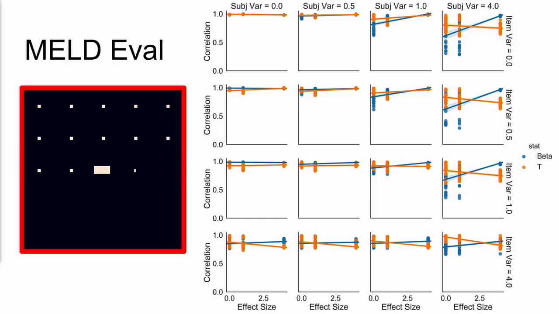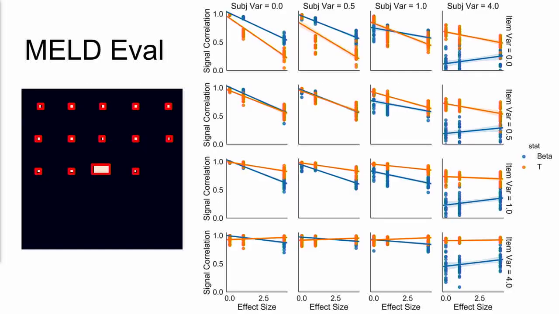Because we're using correlation across subjects or correlation within subjects to project into a shared space, if there's a whole lot of variance across subjects, that projection falls apart a little bit. So it falls off in performance at these really, really high levels of subject variance.